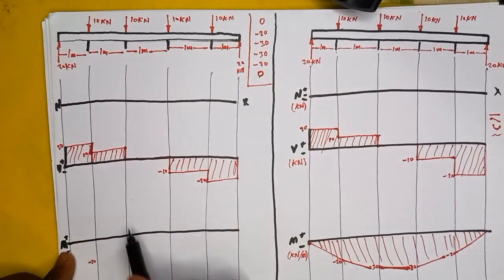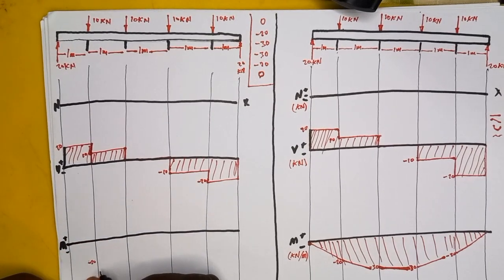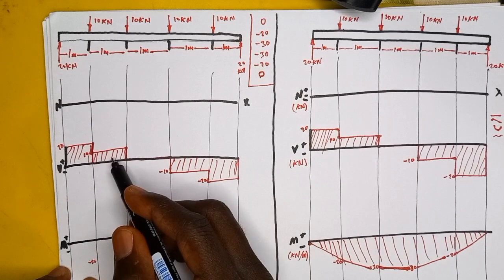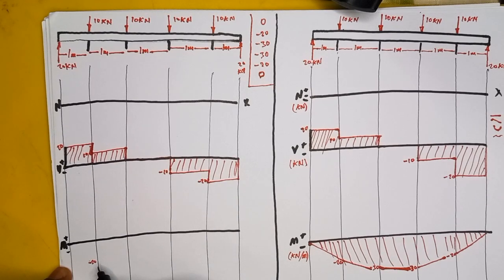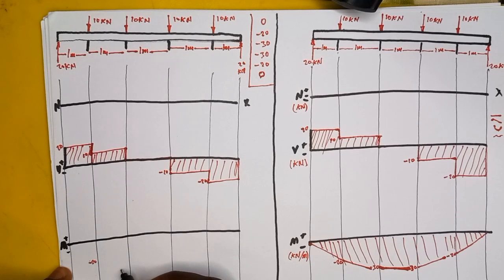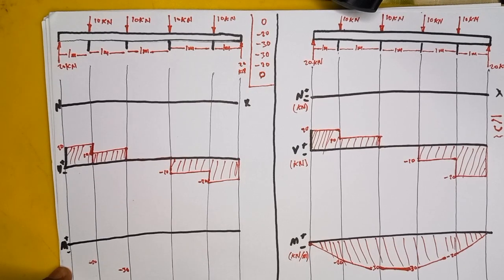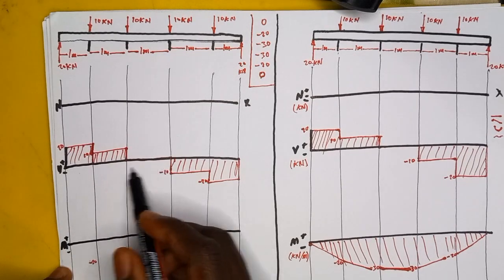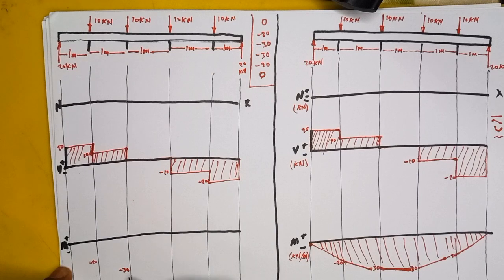Multiplying that by the base is going to give us 10 as well. Since it is positive, it's also going to be negative. And adding negative to negative, we add the numbers: 10 plus 20, that is -30. So -30 here, right? And here we have nothing. The height is 0, so 0 times 1 is just 0.